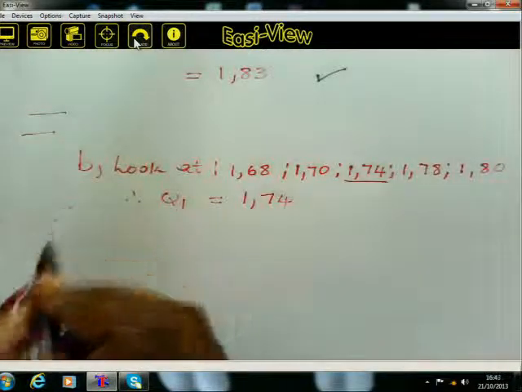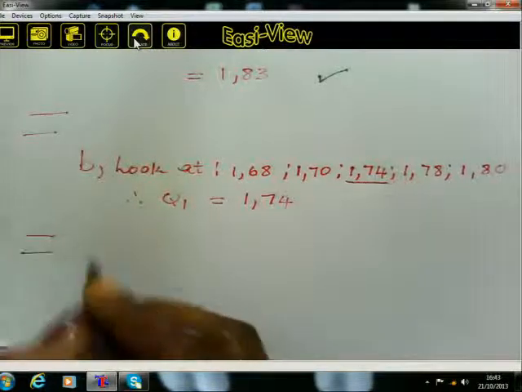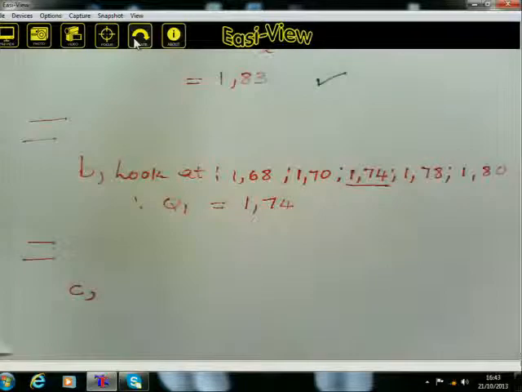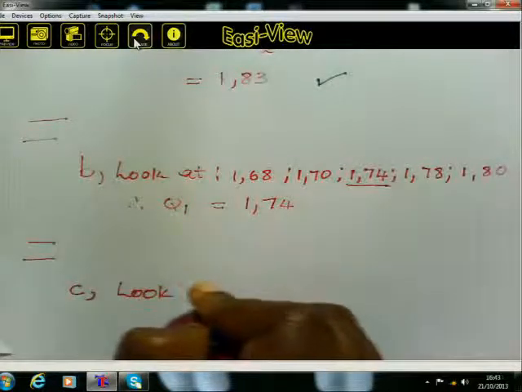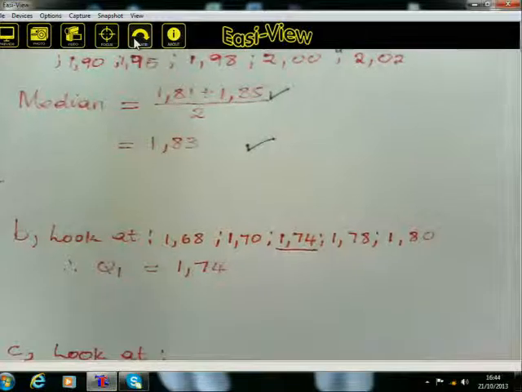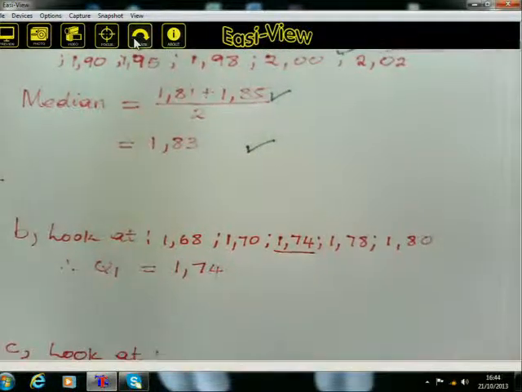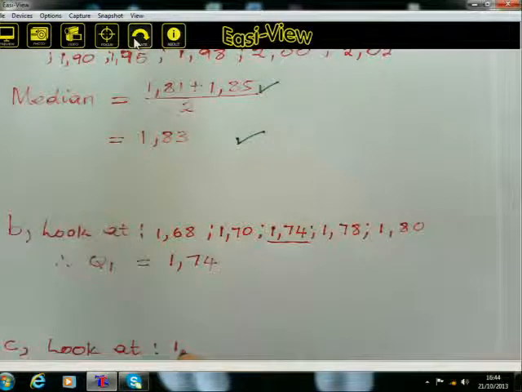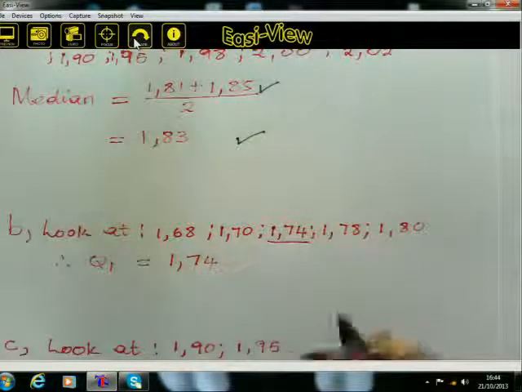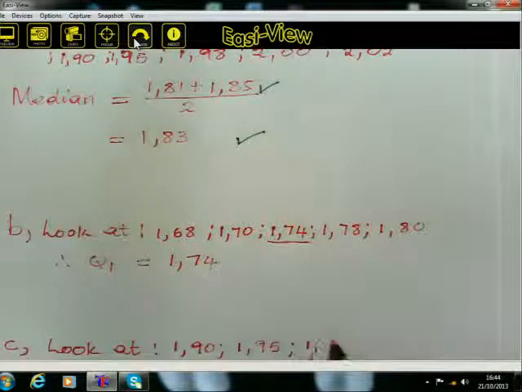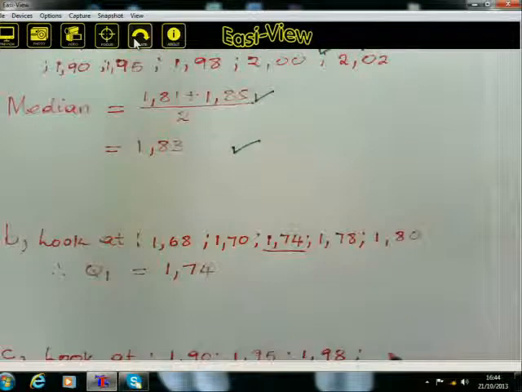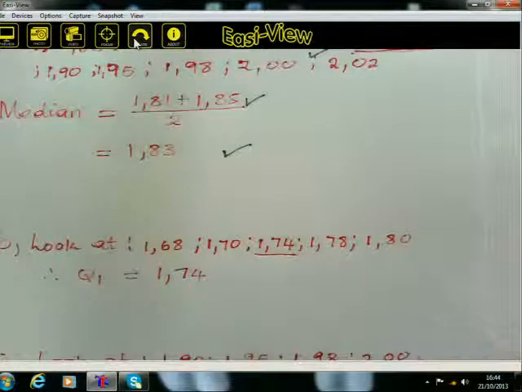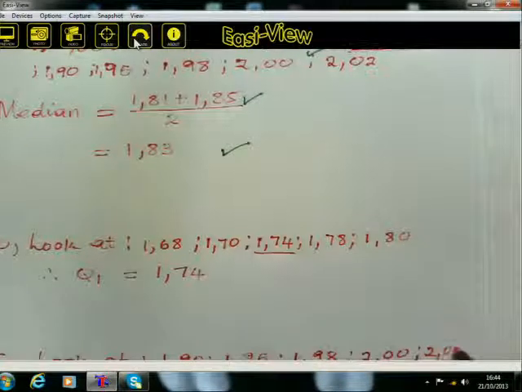For number C, remember, you need to skip a line, then you say number C. For number C, you look carefully at 1,90 semicolon 1,95 semicolon 1,98 semicolon 2,00 semicolon 2,02.